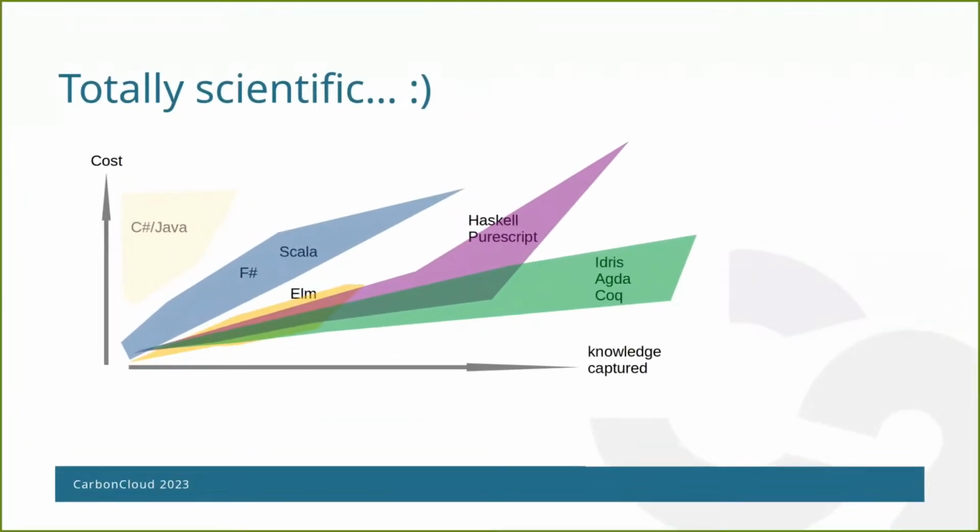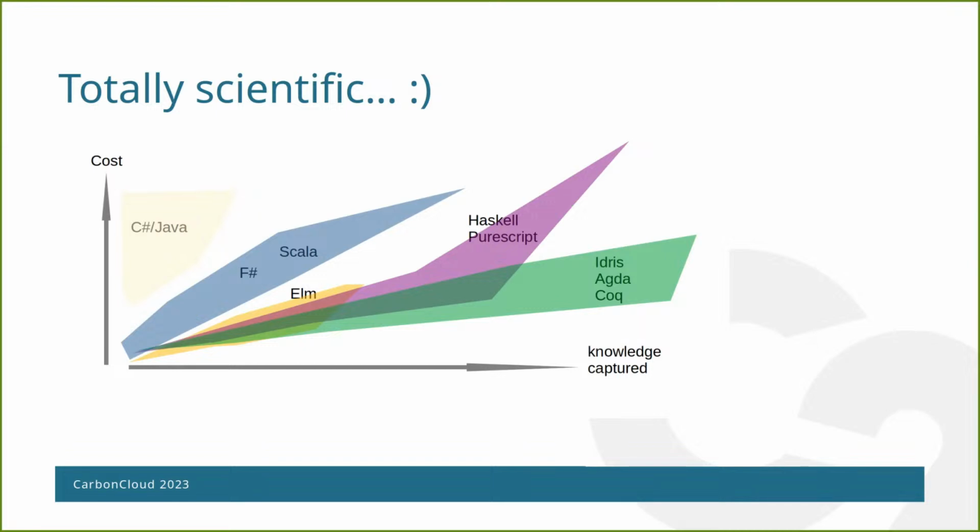And this is my totally scientific thing, but it tries to capture this. On the y-axis we have the cost of doing it, and on the x-axis the knowledge captured, or how strong the types are.